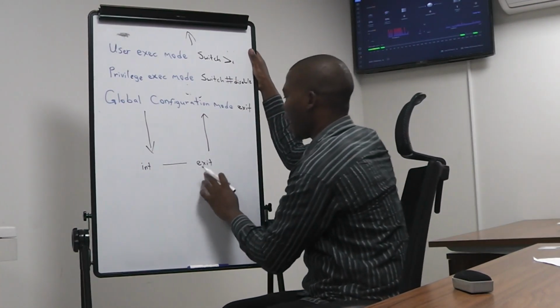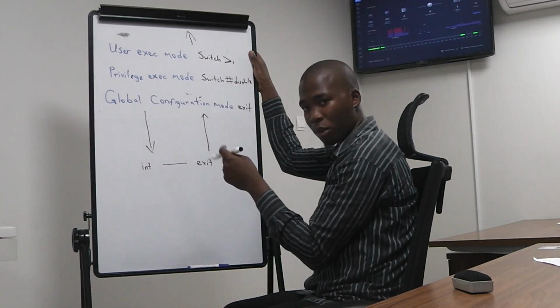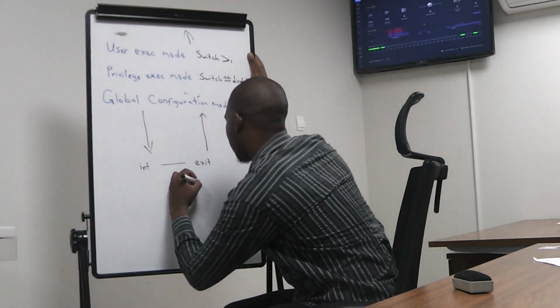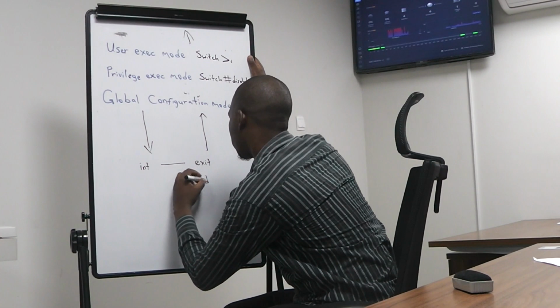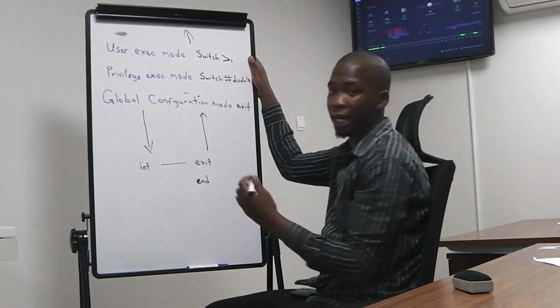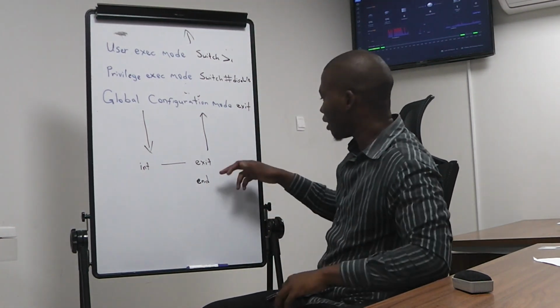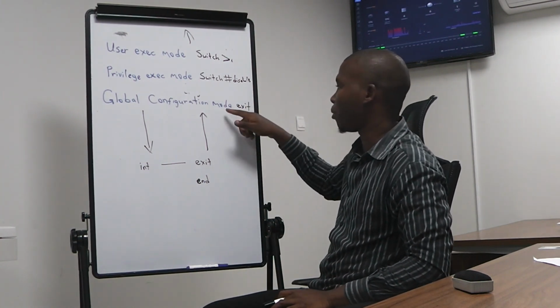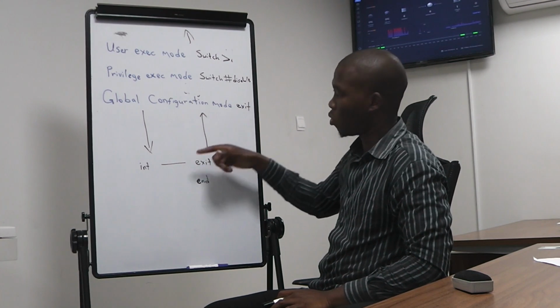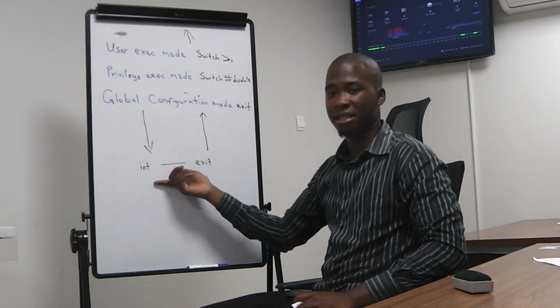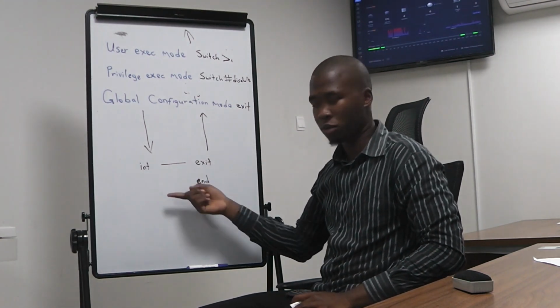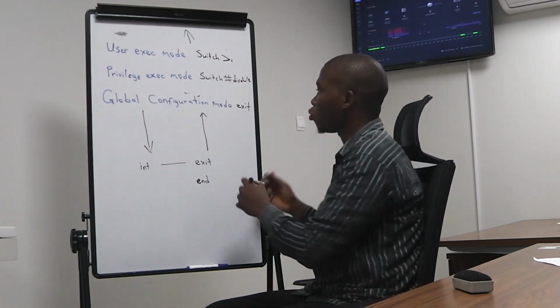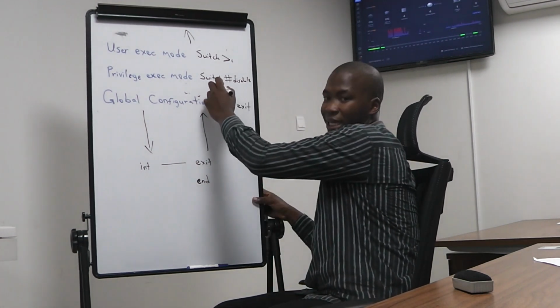Now, exit, like I said, takes you one step back, but we have another command called end. Despite the mode that you are on, whether I'm at the global configuration mode or inside an interface at the interface configuration mode, if I type end, it will take me all the way back to the privileged exec mode.